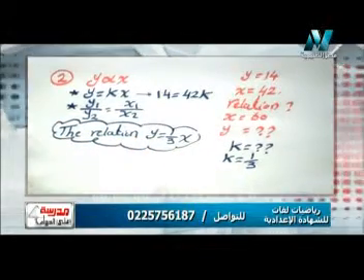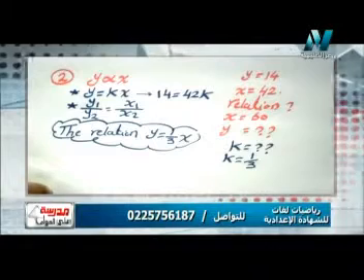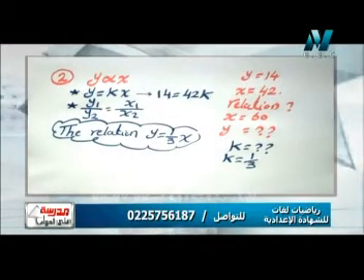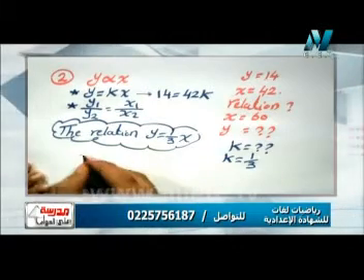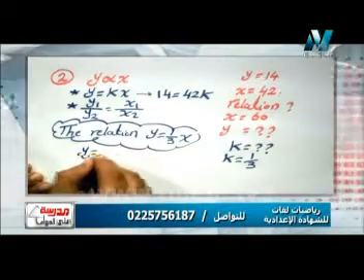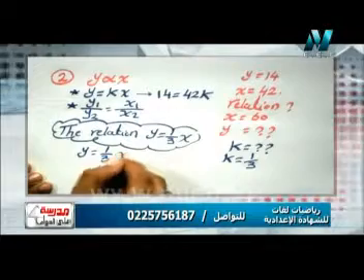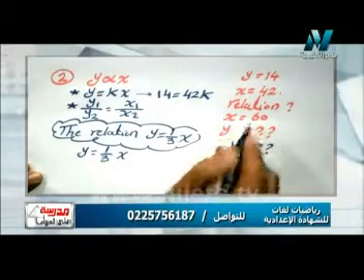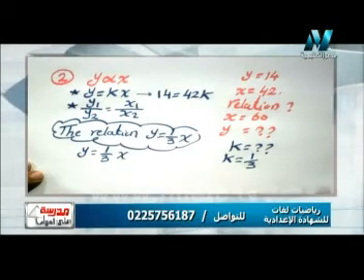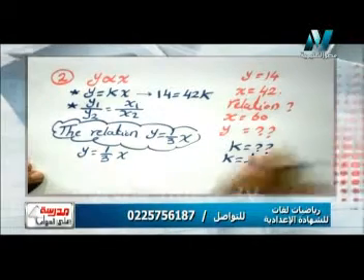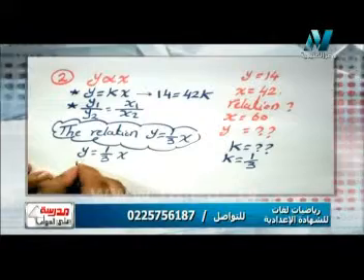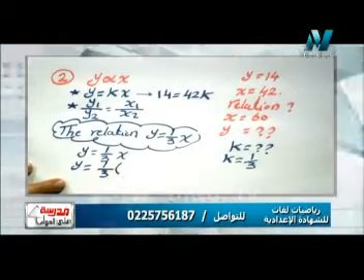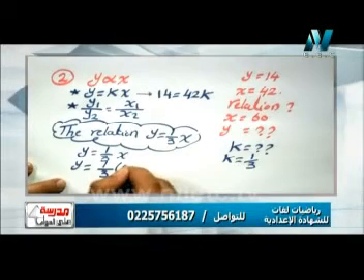Second required, we want to find the value of y when x equals 60. Since y equals one third x, by replacing for x equals 60 we calculate the value of y. So y equals 1 over 3 and x equals 60.